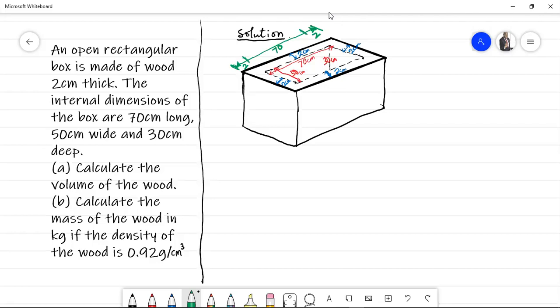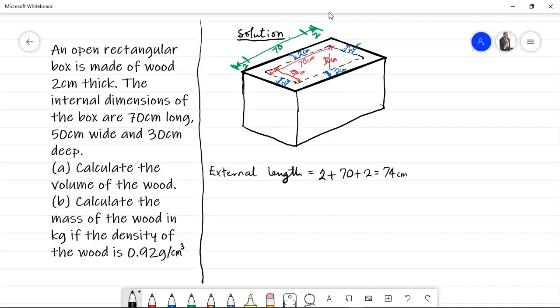So in other words, the external length is expected to be equal to 2 centimeters plus 70 centimeters plus 2 centimeters, and that should give us 74 centimeters.